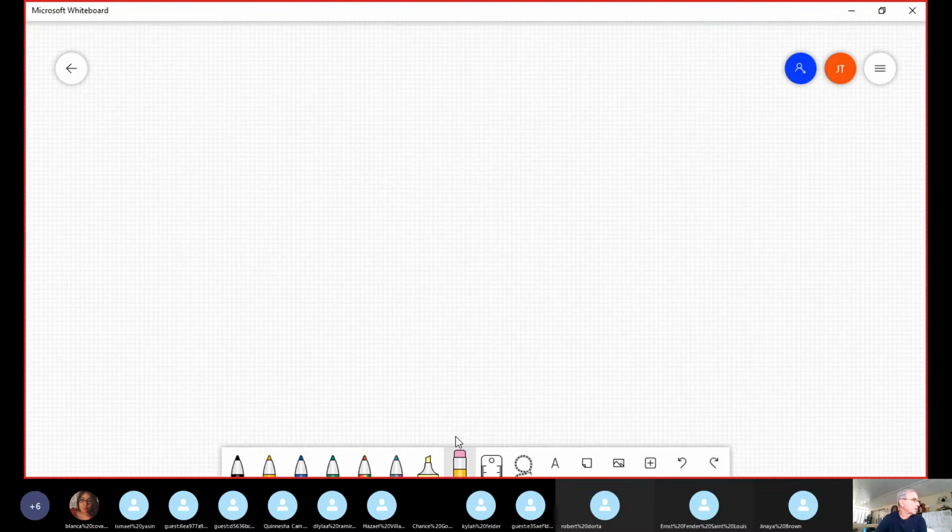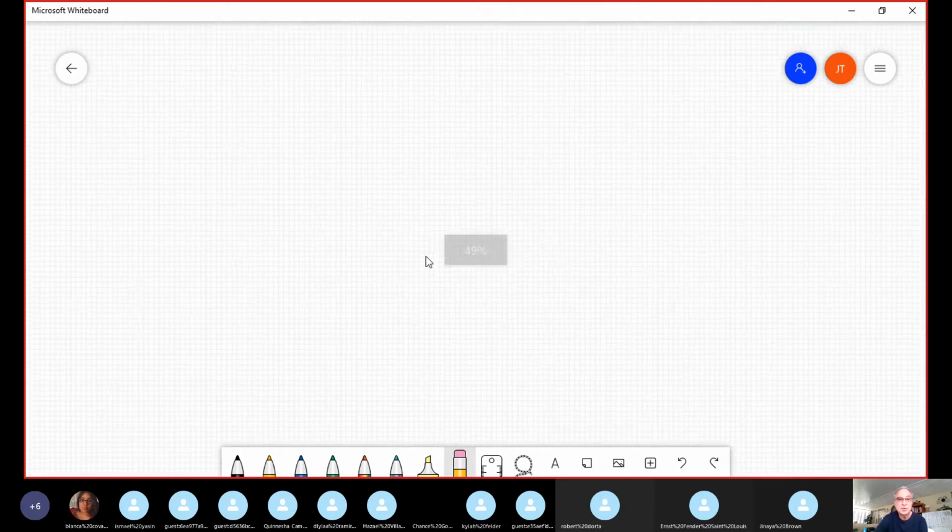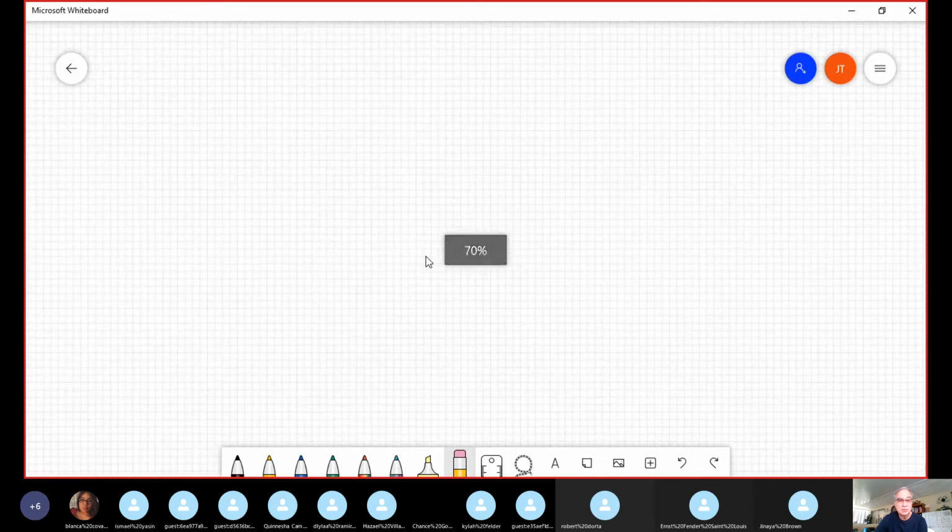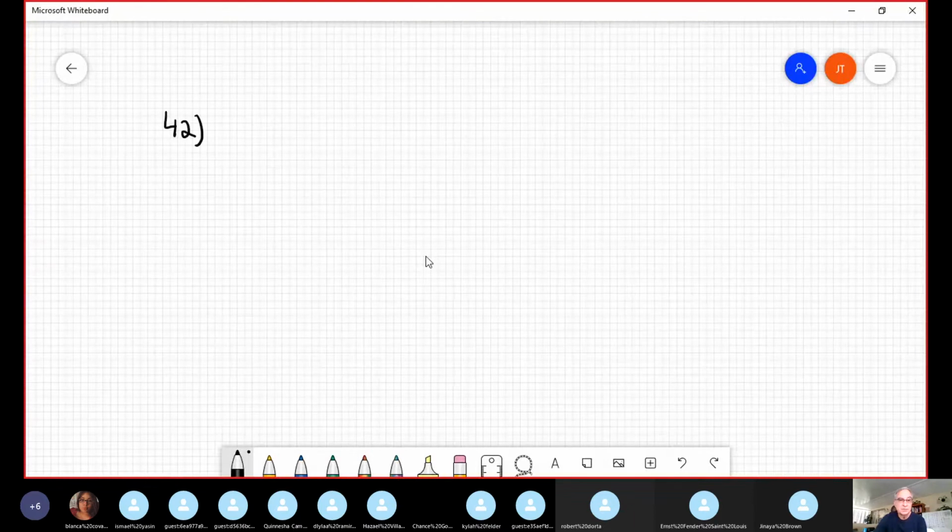Okay, I move on to 42. And make it zoom to see much better. Good. 42 is radical 5 over radical 11 plus 3.